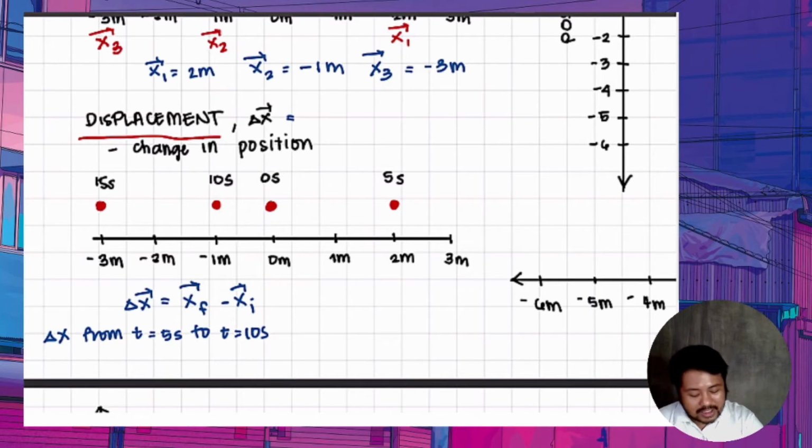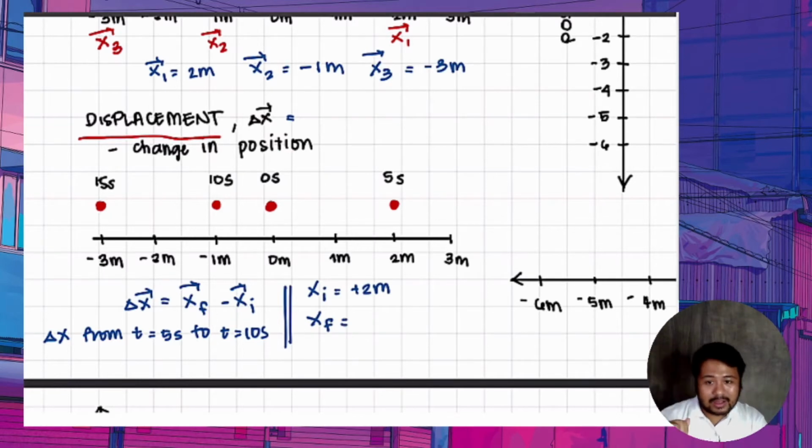Obviously, ang ating initial point is this 5 seconds. And then, that is 2 meters to the right of our origin. So, this is positive 2 meters. And then, the final point, that is 1 meter to the left of our origin. So, this is negative 1 meter.